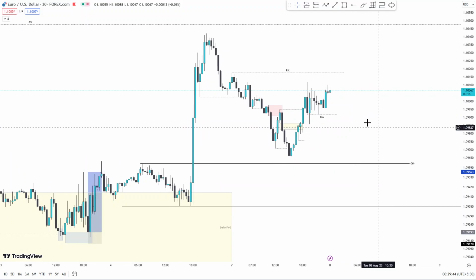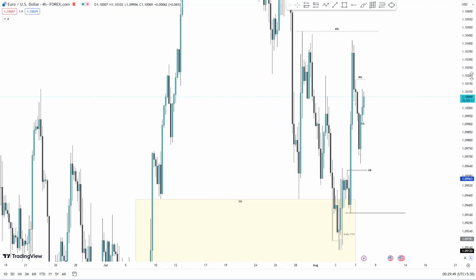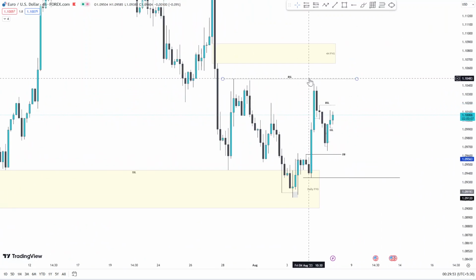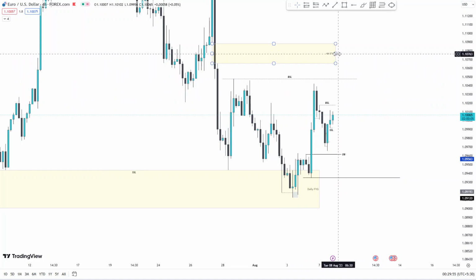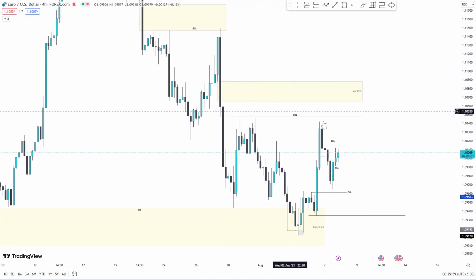That's my view on EURUSD, and yes, this can act as buy side liquidity. And here we have a nice FVG in 4 hour and an order block in 4 hour.